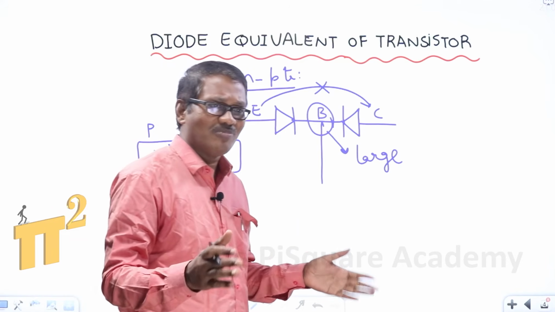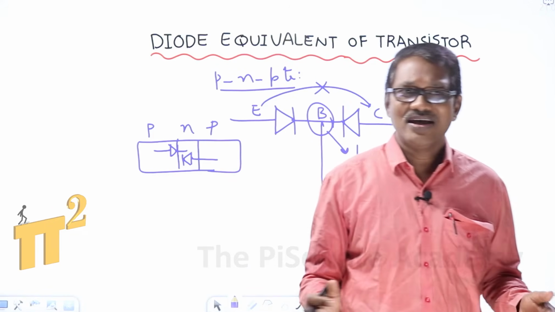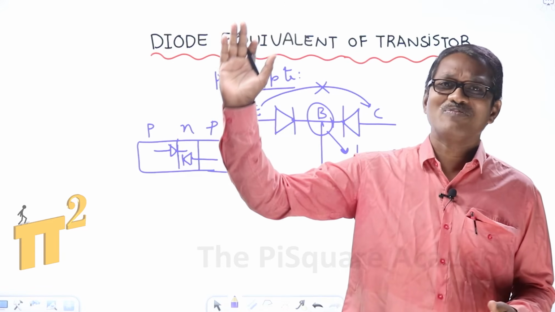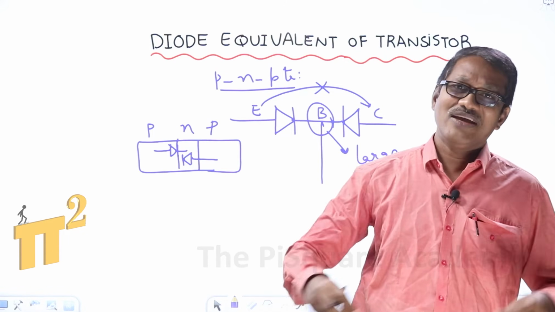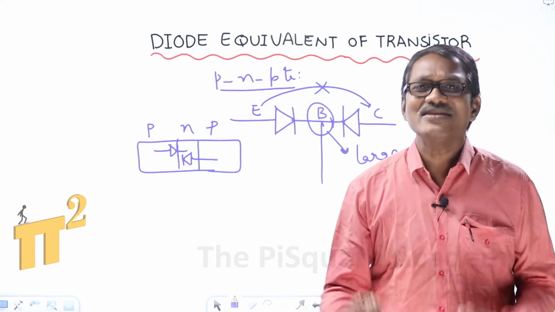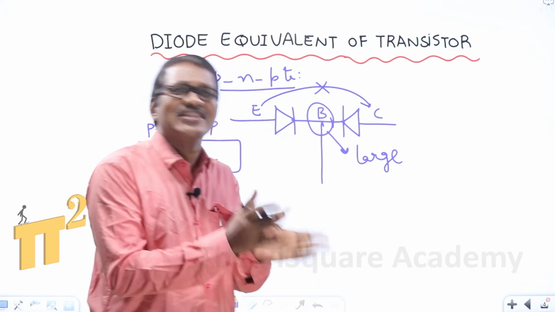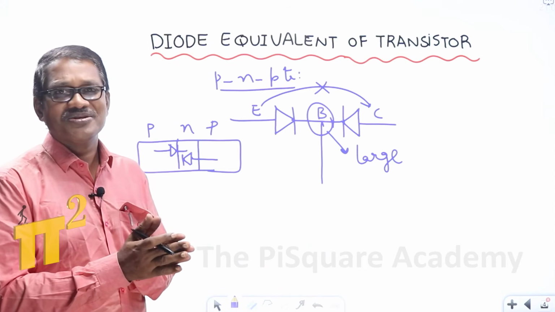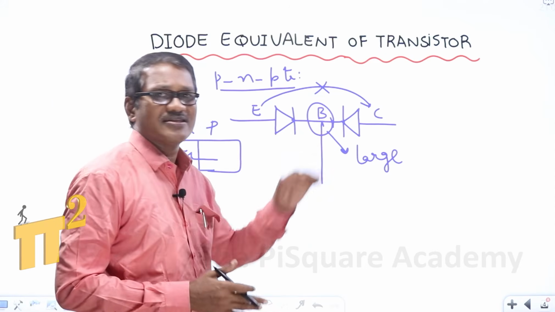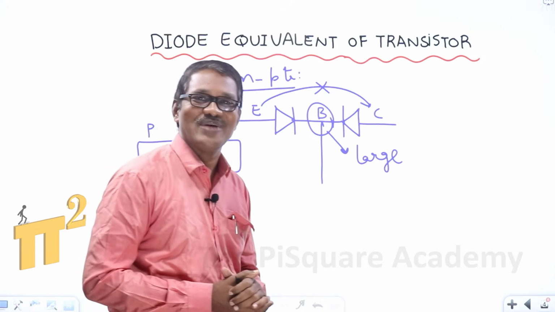What is the problem with a large base? The charge carriers cannot cross the base region. They will disappear in the base region itself. That is the reason why the base is made very thin. But that condition fails if you connect two diodes back to back.